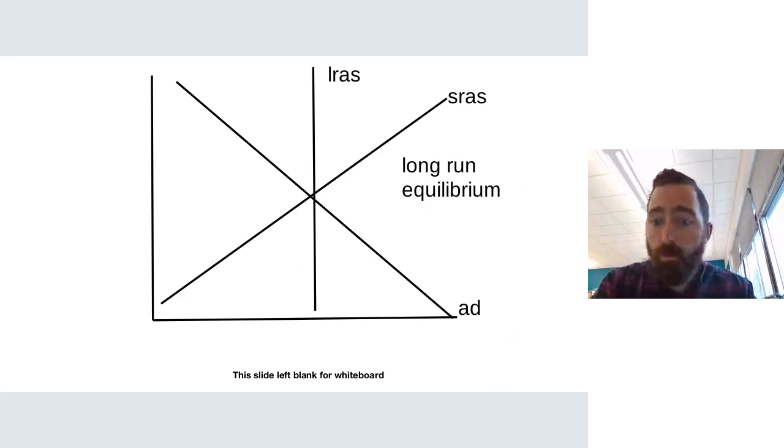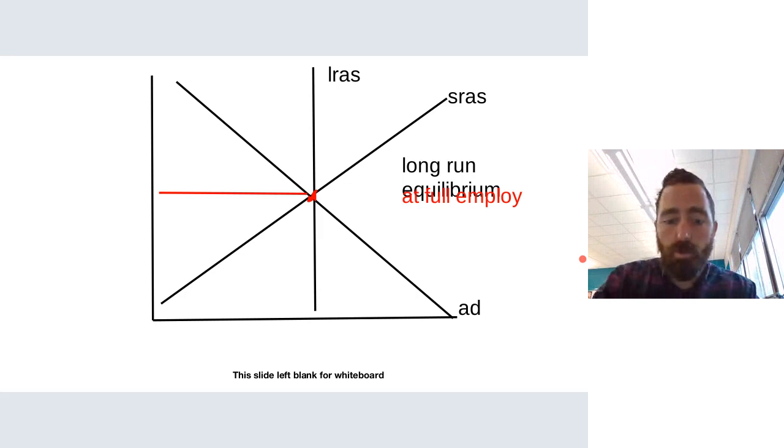Okay? So this right here is where your economy wants to be. If your short-run equilibrium is in line with long-run equilibrium, so you're in good shape. That's where you want to be. That means you're at full employment. Okay? In the text box too. At natural rate of unemployment.